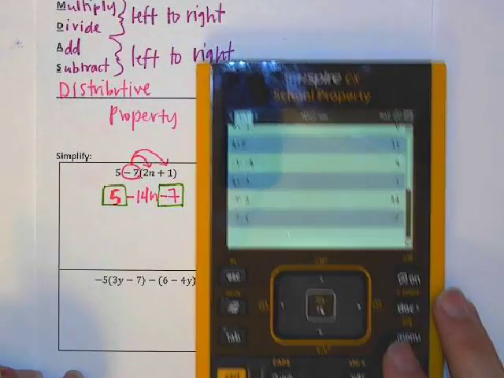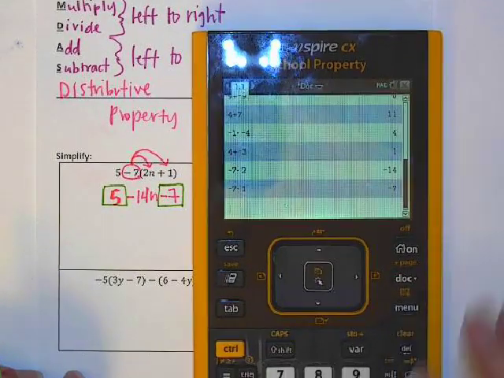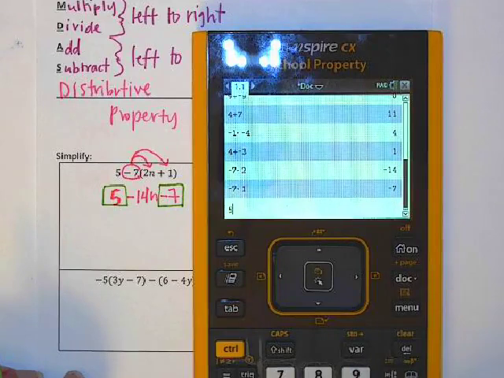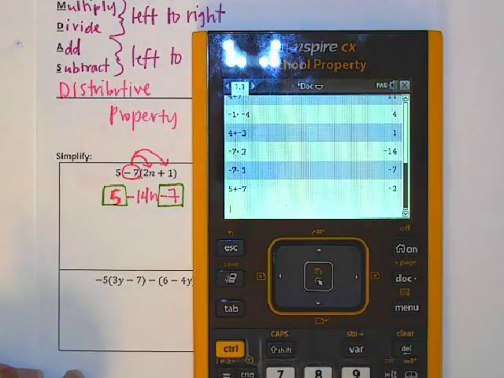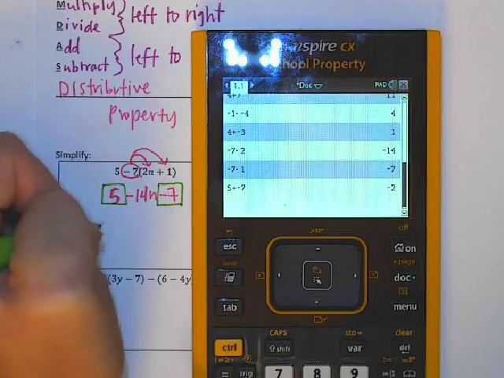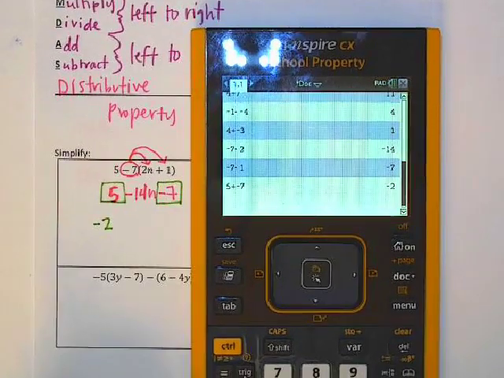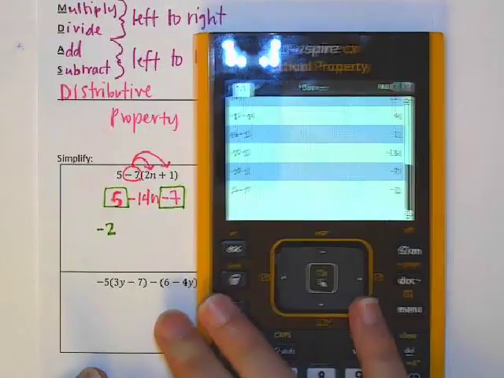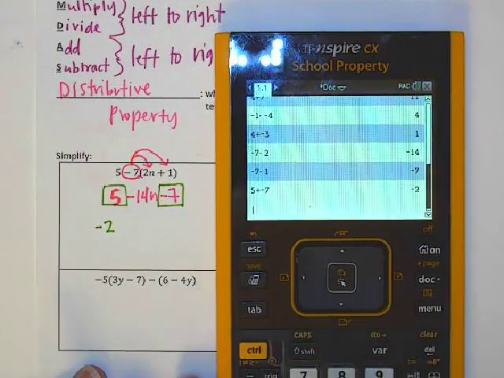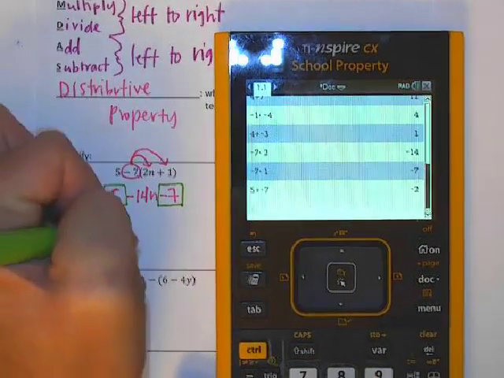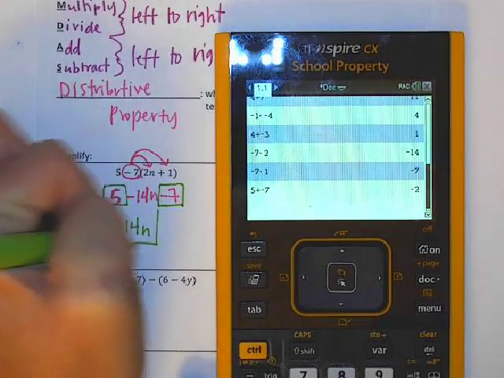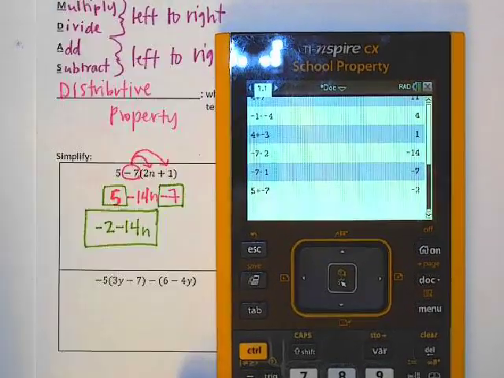When I combine, I'm going to add. So it's 5 plus negative 7, which gives me negative 2. And then I've got my negative 14n. Does that have a like term? No, it does not. So I'm just going to bring it down.